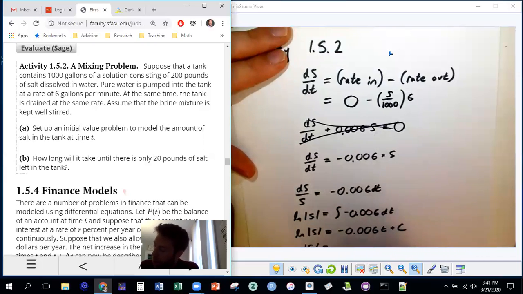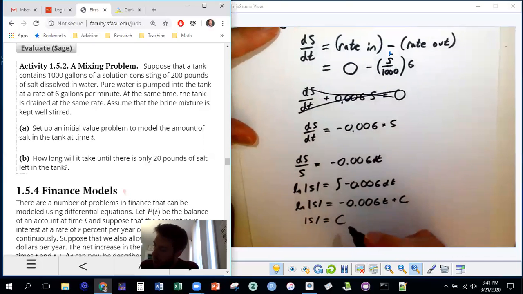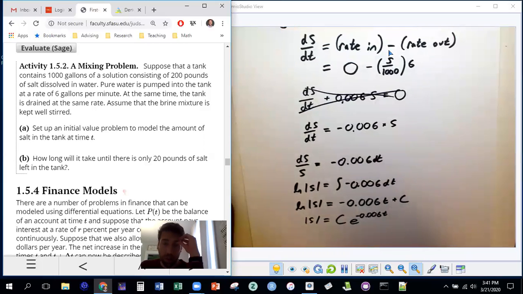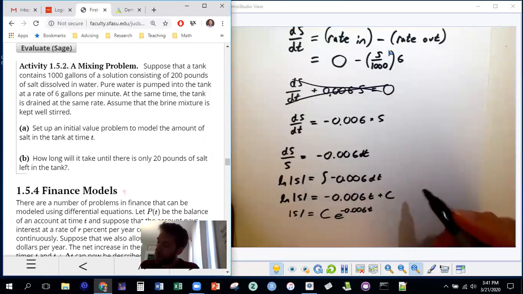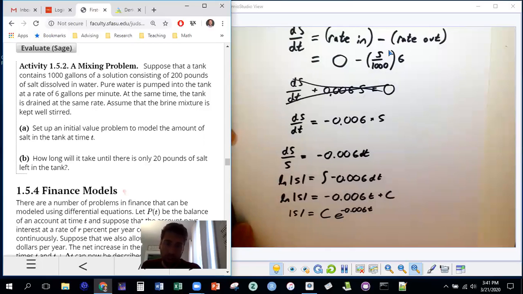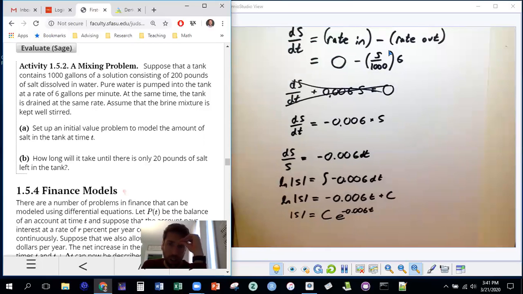So then you've got the absolute value of S equals, and e to the power of this, it's like the thing we've done several times. I move the new constant, even though it's still called C, it's a new constant, times e to the negative 0.006 t. Then we've got initial conditions to consider. At time equals 0, I had 200 pounds of salt.